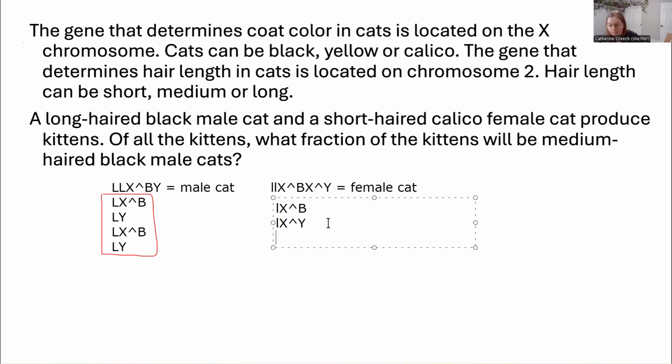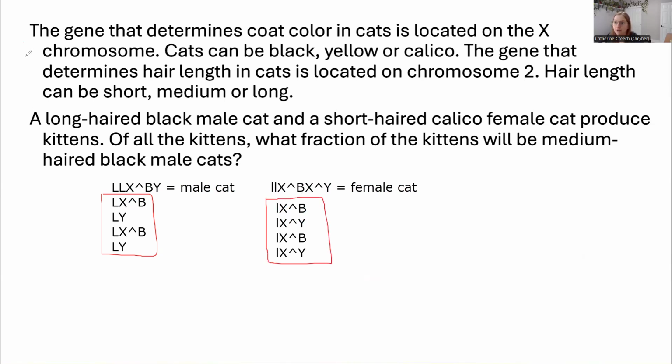Now we'll use the second little l for the black fur, and the second little l, sorry, I capitalized it the first couple times, for the yellow fur. So those are the 4 eggs that this cat could produce.